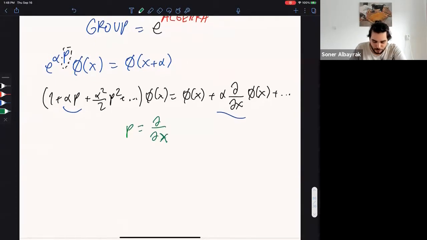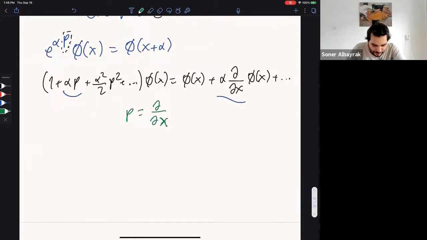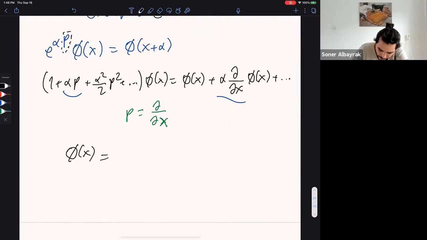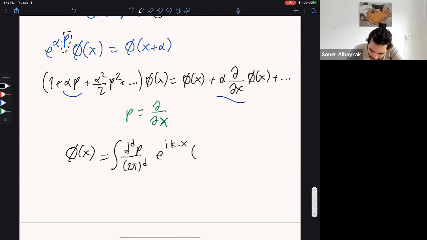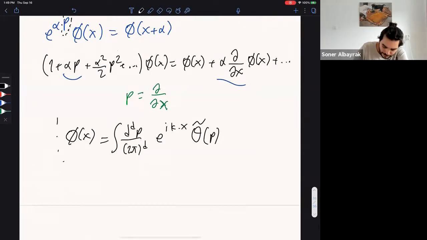But I want to show this a little bit longer. To show this in a longer sense, I will be using the Fourier representation of phi(x). Okay, so it's the integral d^d k over (2 pi)^d of e to the i k dot x phi tilde(k). Okay, so this is its Fourier representation.